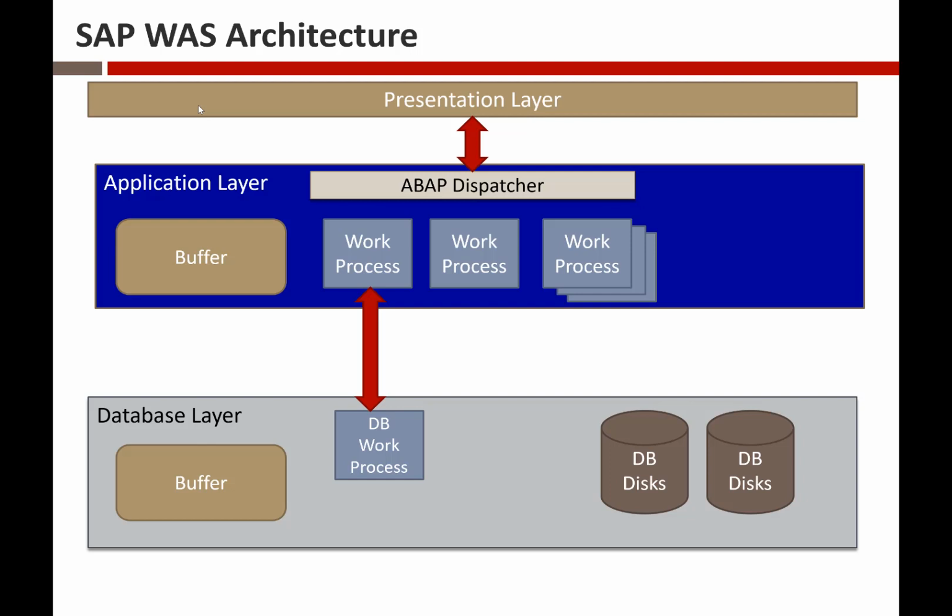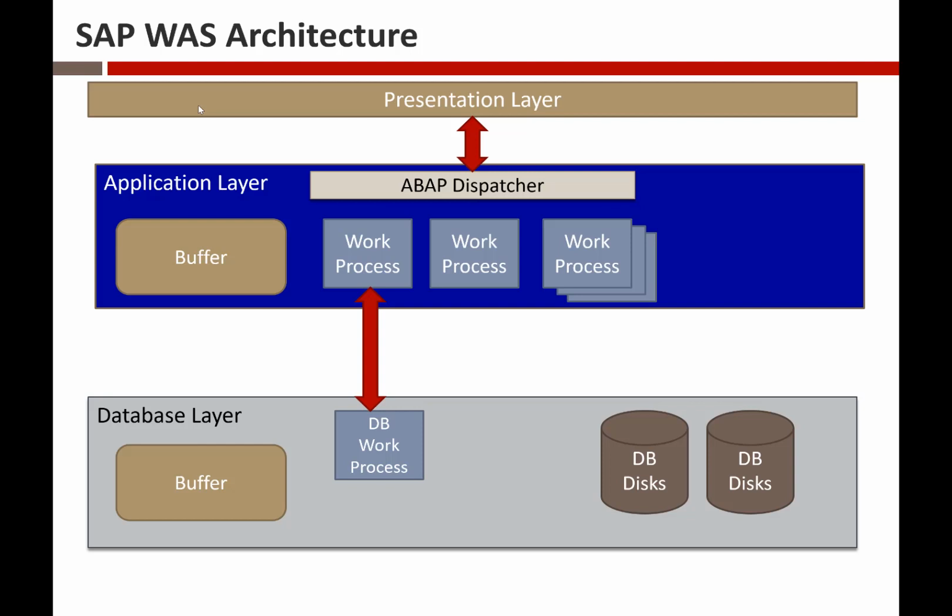So now let's talk about how the interaction with the database works. I put a little bit of this on the whiteboard a moment ago. We have the presentation layer, the application layer, and the database layer. On the application layer, there's something called an ABAP dispatcher.